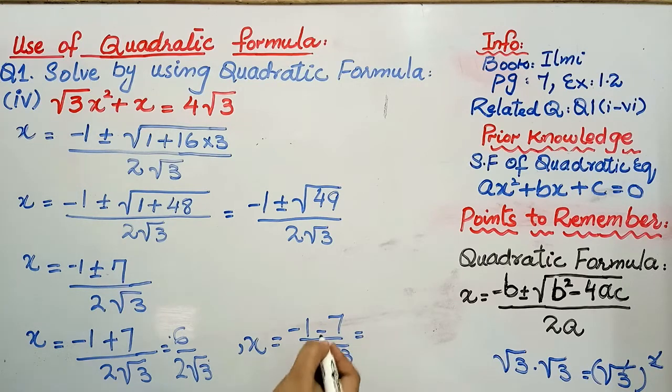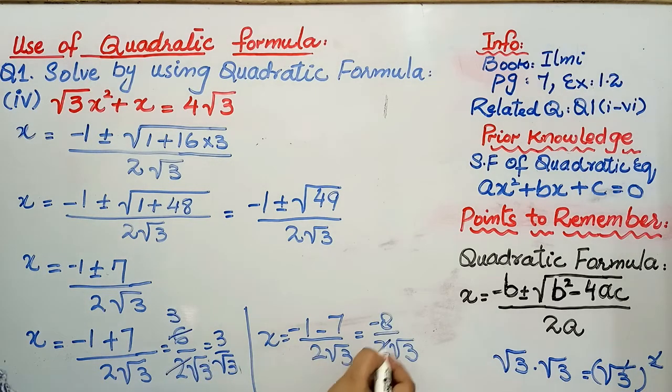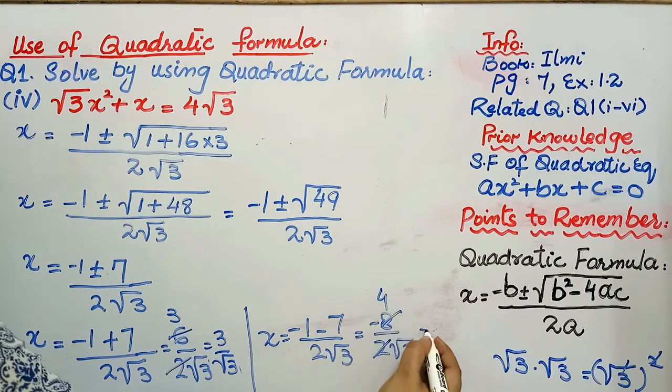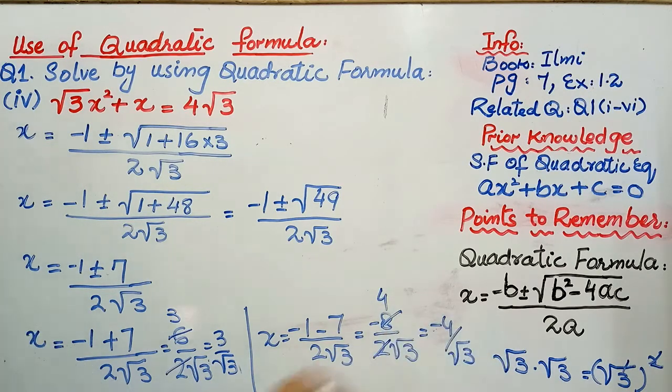Here it will be minus 8 by 2 under root 3. So 2 3s are 6, it will be 3 by under root 3. And 2 4s are 8, minus 4 by under root 3.